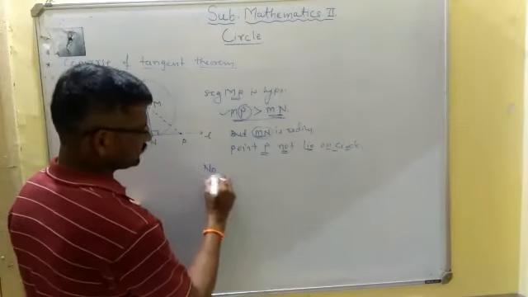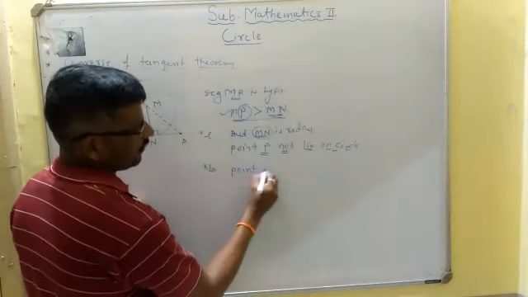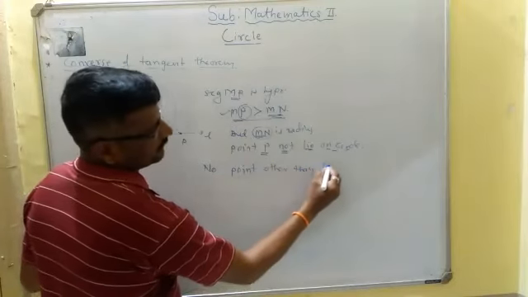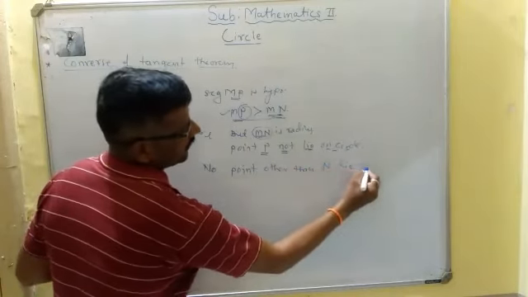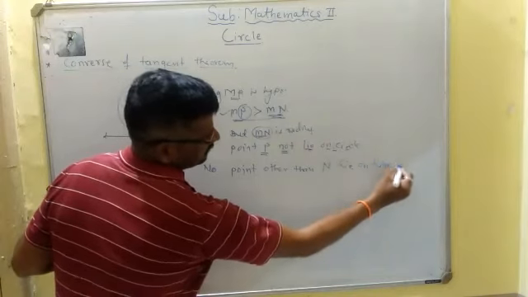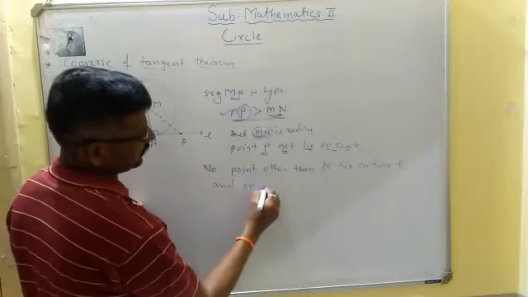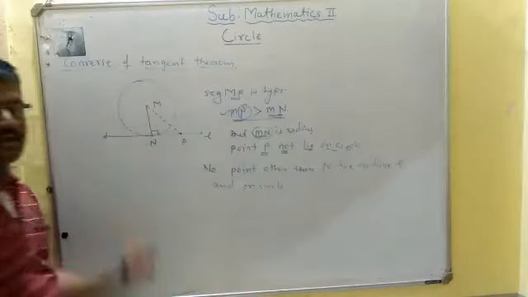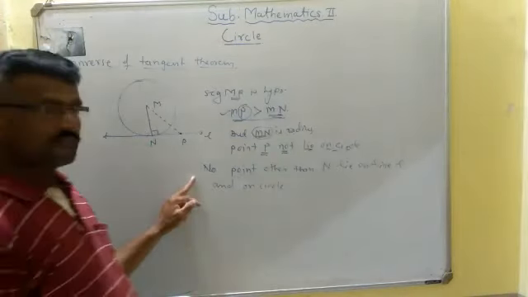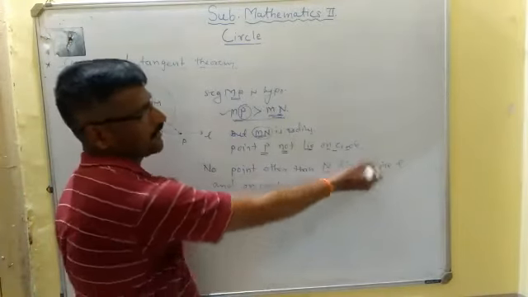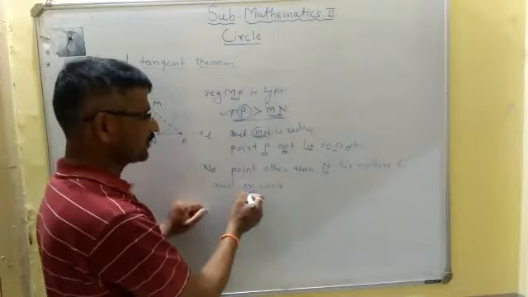No point other than N lies on line L and on the circle. Okay, no point other than N lies on the line and on the circle.